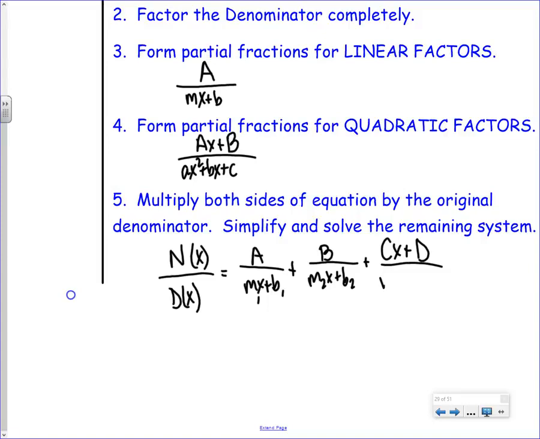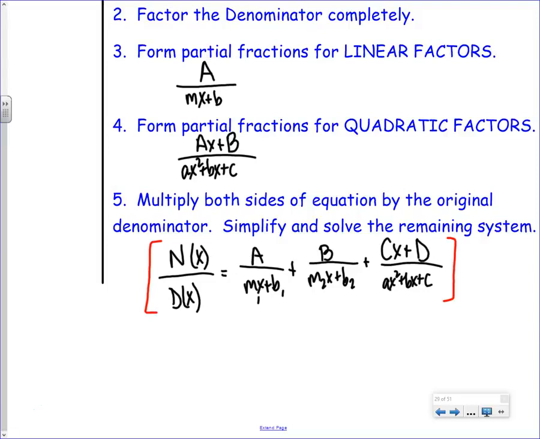This is a nasty problem. Nope, this is a quadratic: ax squared plus bx plus c. What I want you to do in order to solve, we're not talking about the tricks right now, we're talking about the systematic way of approaching it.